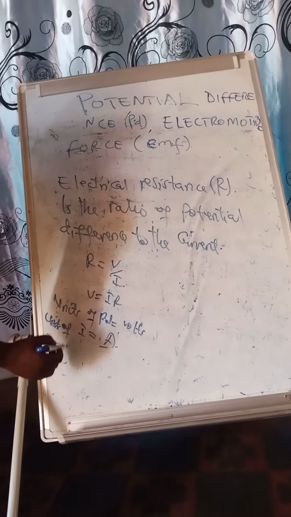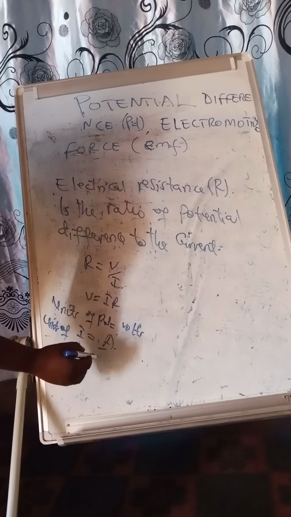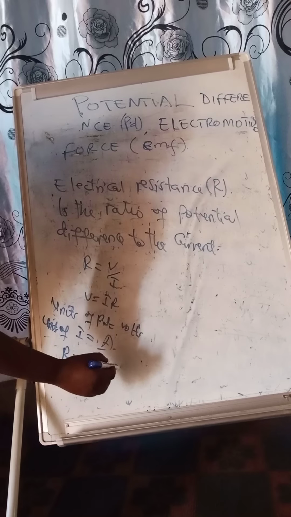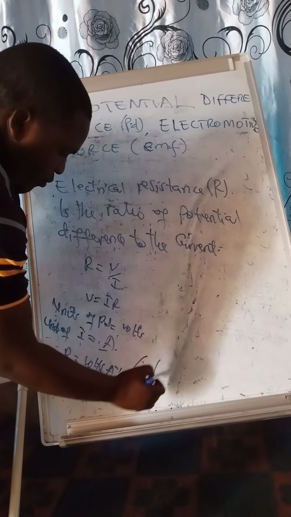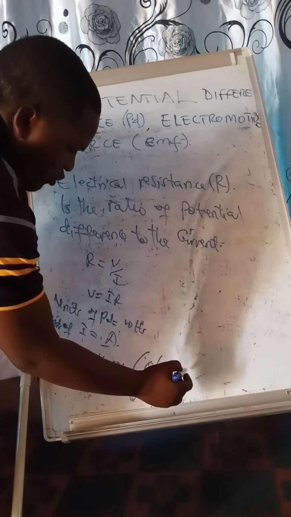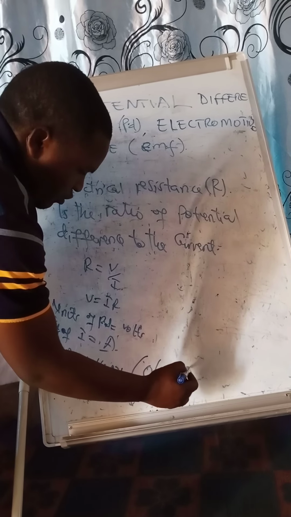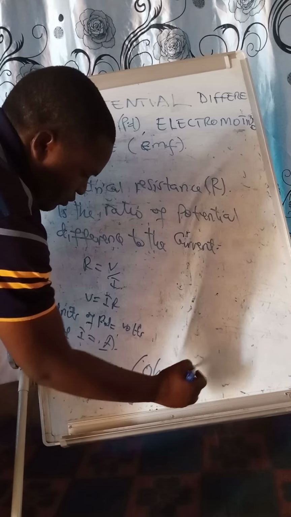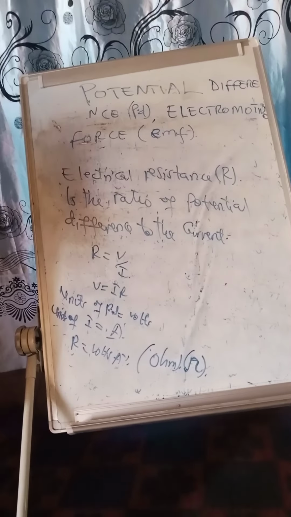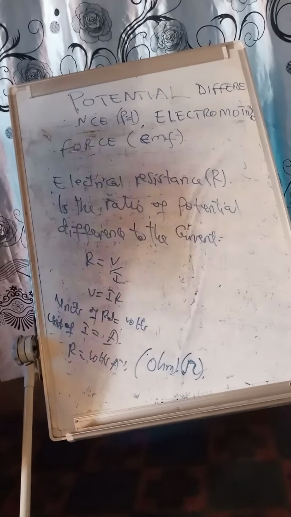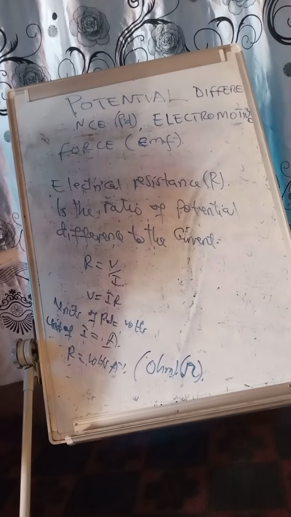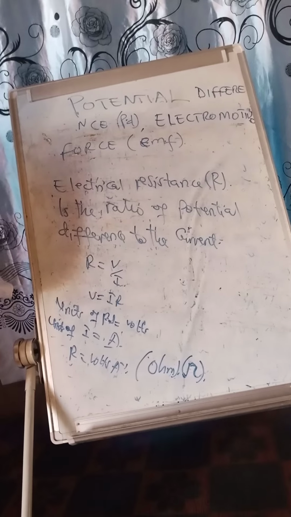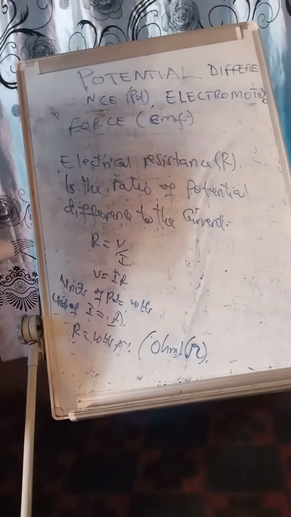So resistance is given by volts per ampere, or ohm, which is measured by this symbol, ohm. So we can define 1 ohm. What is 1 ohm?